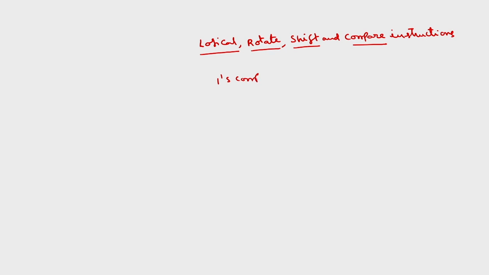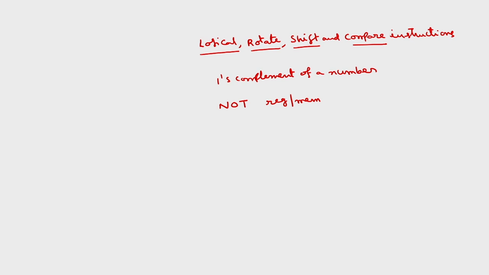Corresponding to each operation we have 8086 instructions. First, if you want to find out the 1's complement of a number, we have a direct instruction which is called NOT. If I write NOT, we have to specify register/memory.